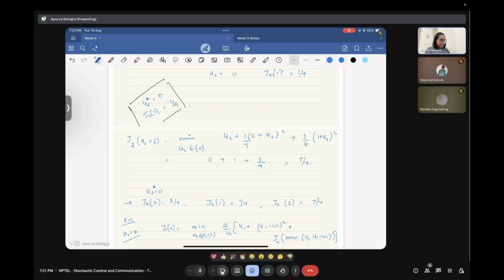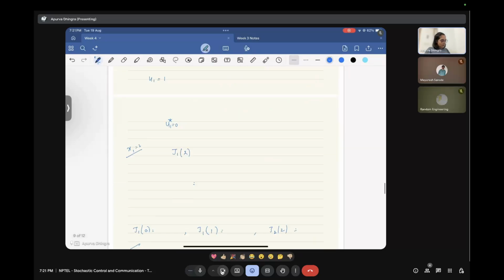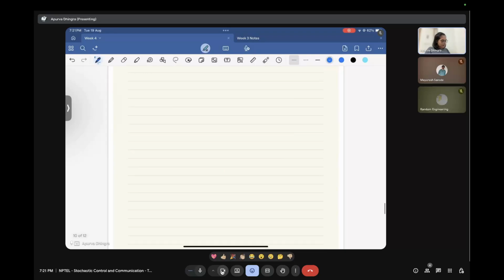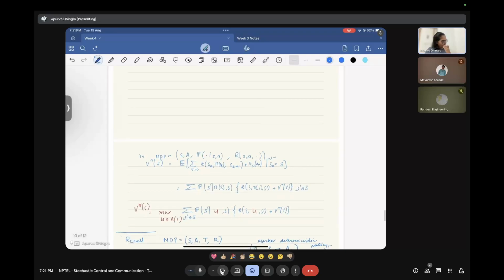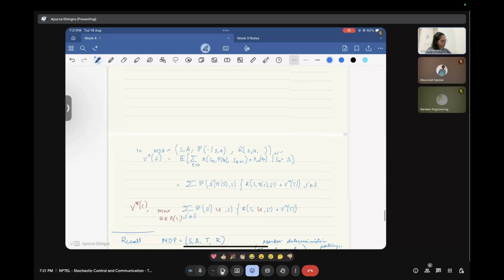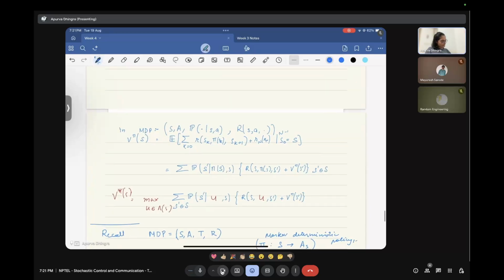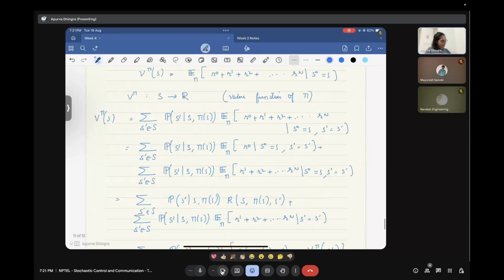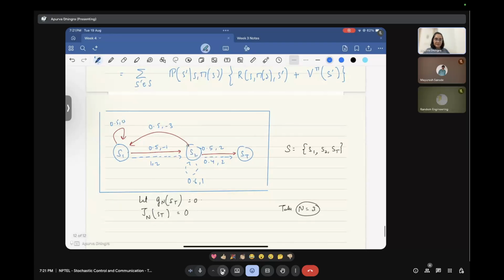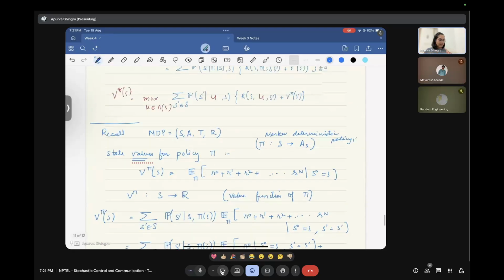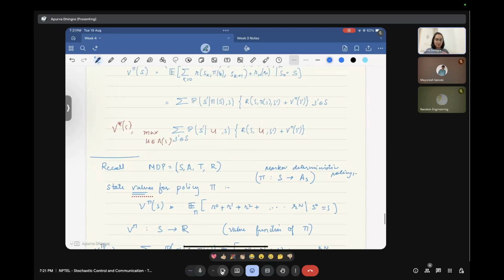Alright, now let me talk about one more thing. This wasn't covered in the lectures, but I'll just talk about what happens if you have an MDP. Remember, we are saying that an MDP, a Markov decision process, can be converted into a stochastic control problem and vice versa.